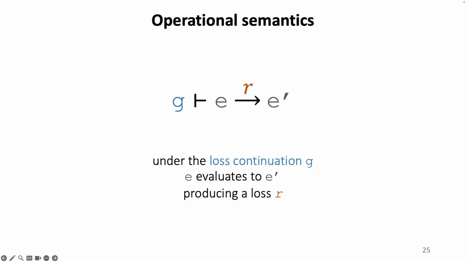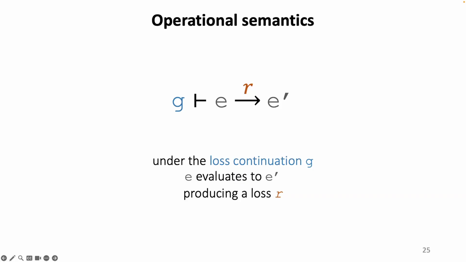The operational semantics is also one of the most complicated bits in our system. This is how the evaluation judgment looks. It reads that under a loss continuation G, E evaluates to E prime and produces a loss R. The actual operational semantics is also associated with effect information, but from now on we will just forget about all that effect information and instead focus on the behavior of the program during the operational semantics.